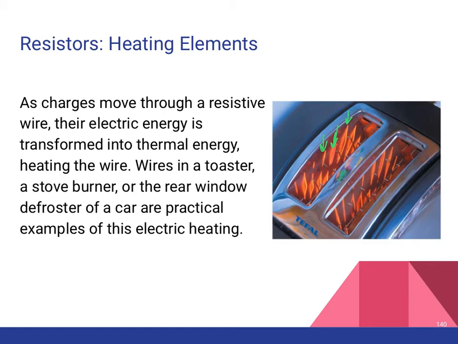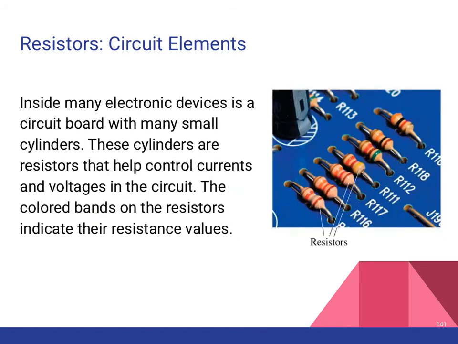There are a lot of other examples of that, though, too, right? You have a defroster in your car, the rear defroster. That's just wires back and forth across your car that heat up to help warm up the glass and get rid of the condensation that's inside the car. And if you have an electric stove, that's just a huge resistor that heats up.